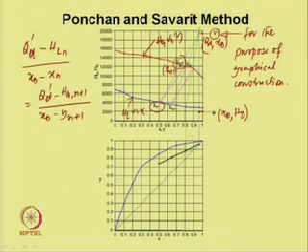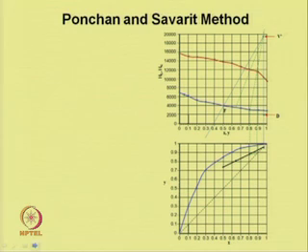If we put n is equal to 1 in these equations, then this point represents y_1, H_G1 and these points will meet, which is L_1.